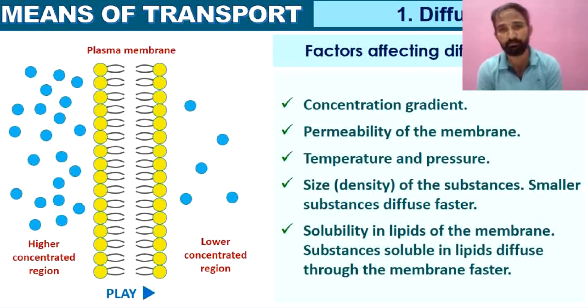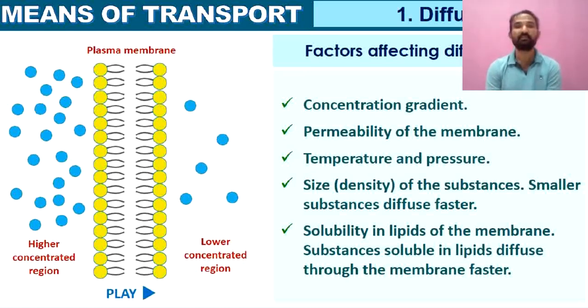Temperature and pressure are also important factors of the diffusion rate, and size of the substances. The smaller substances diffuse much faster.